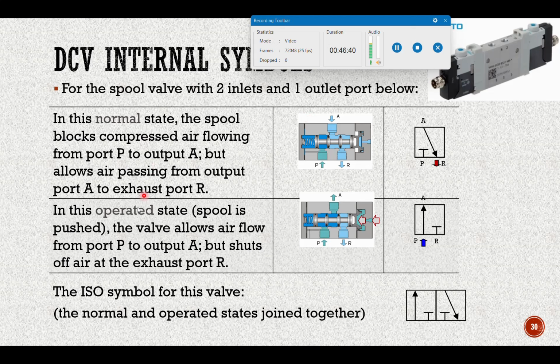And then when we change the state, in this operated state, the spool is pushed, so the valve allows air to flow from port P to output A. So it moves in this direction.